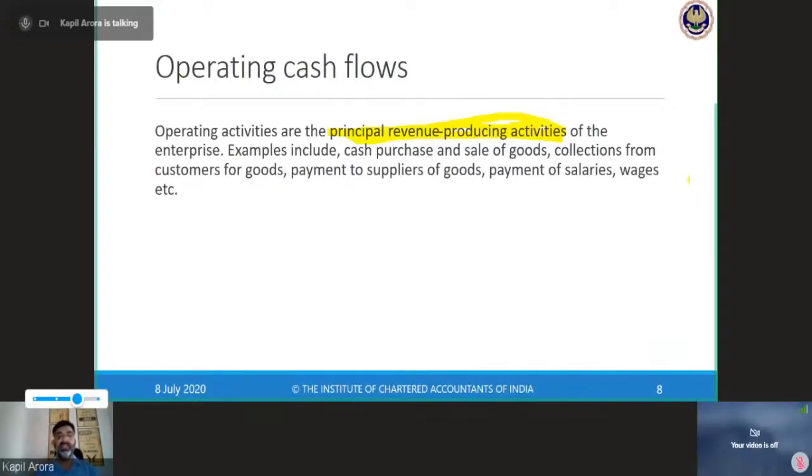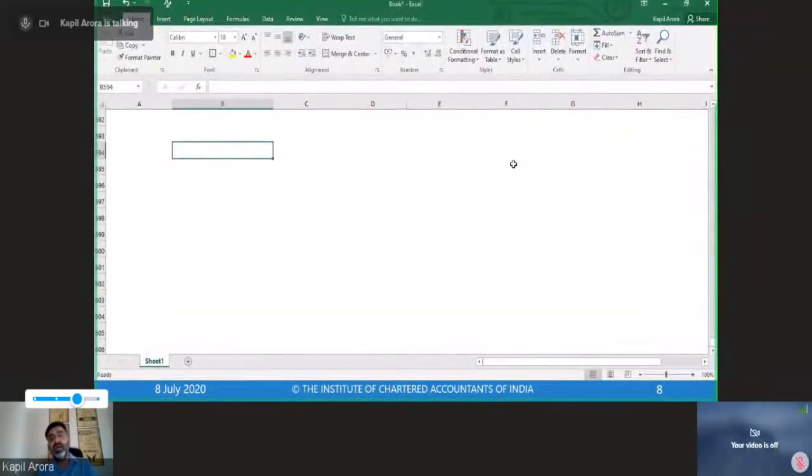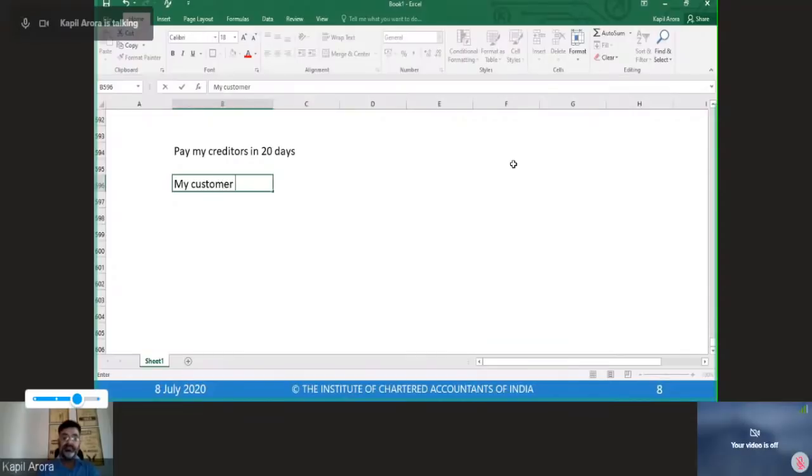Like, for example, let's say I pay, what could be the issues? When can I have a negative cash from operations? When I pay my creditors in 20 days, my customer pays me in 40 days.